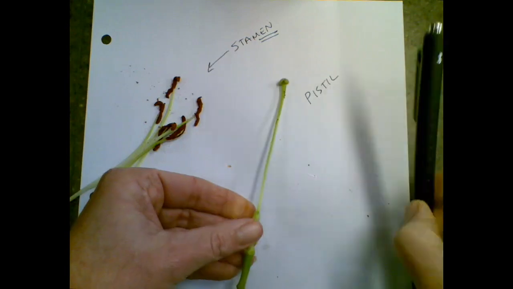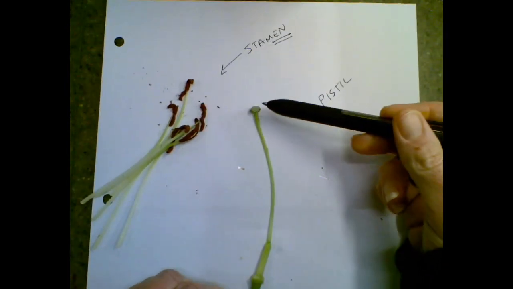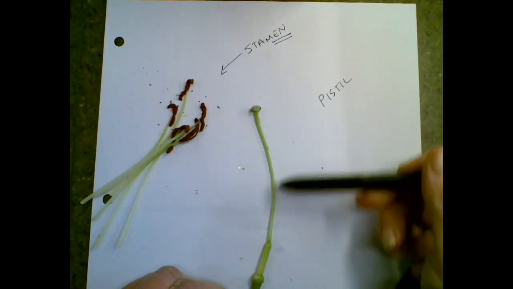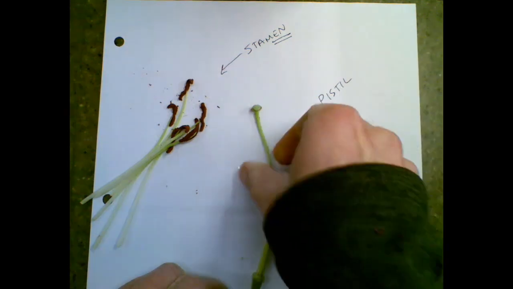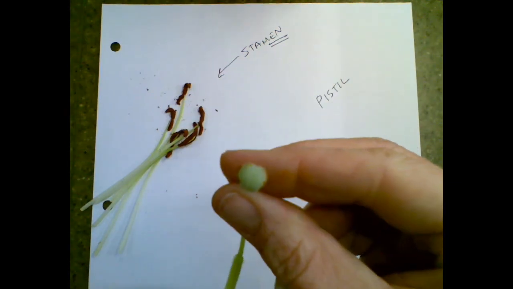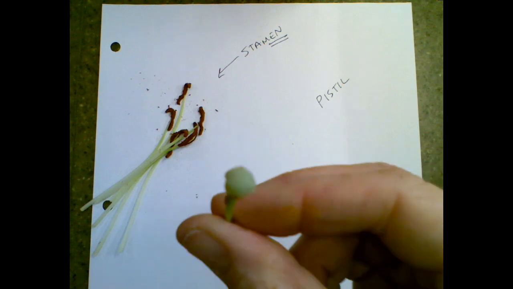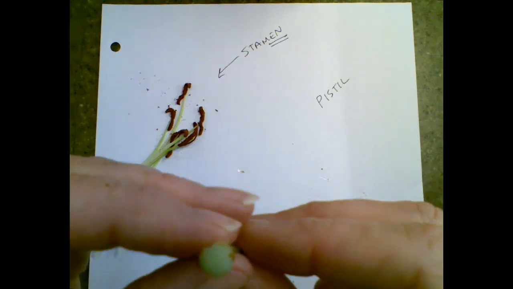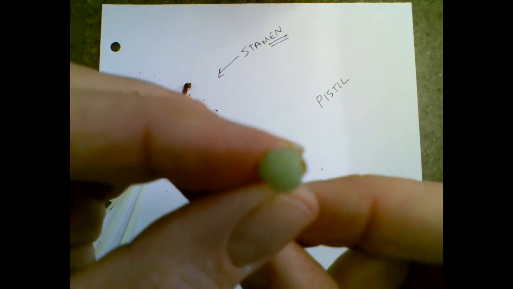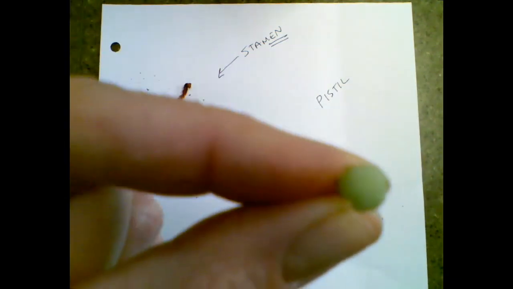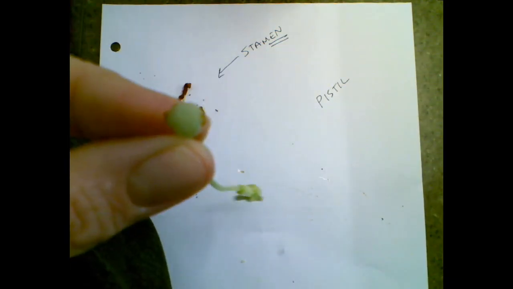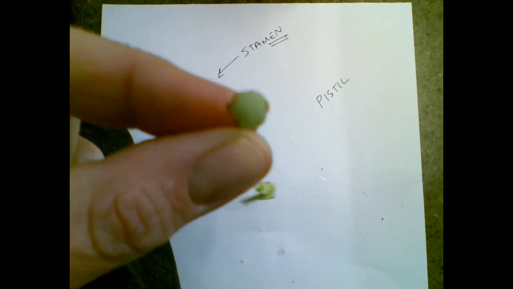And there are 3 sections to the female part. The top, which is sticky, this, and this. The top part is called the sticky stigma. Actually, it's just called stigma, but I call it sticky stigma. And there's actually a hole right in the middle. Do you guys notice that this is in a multiple of 3?